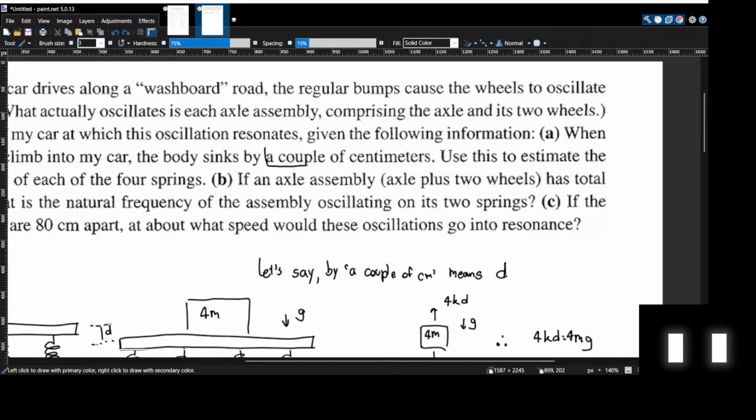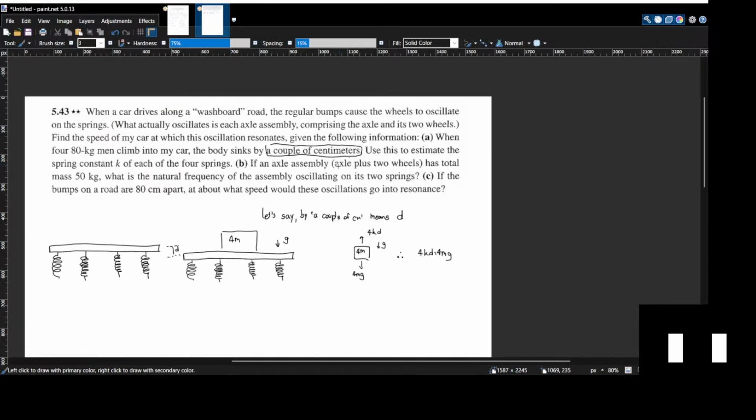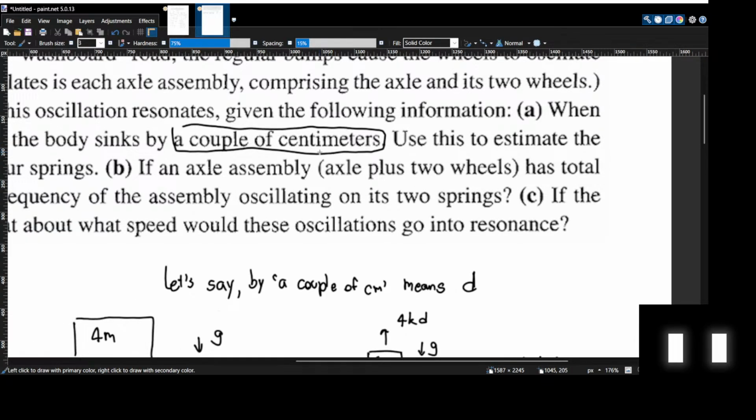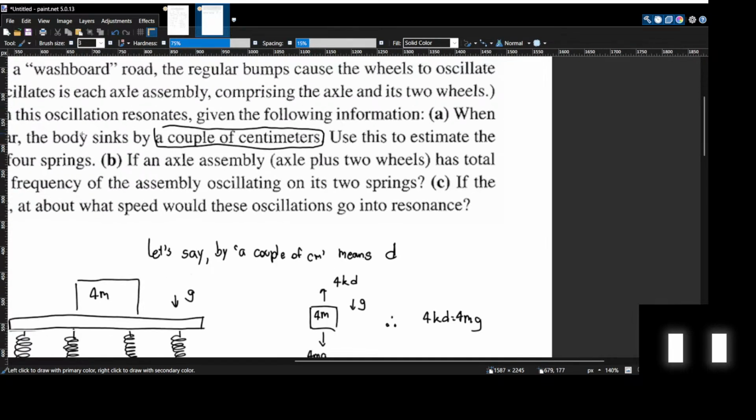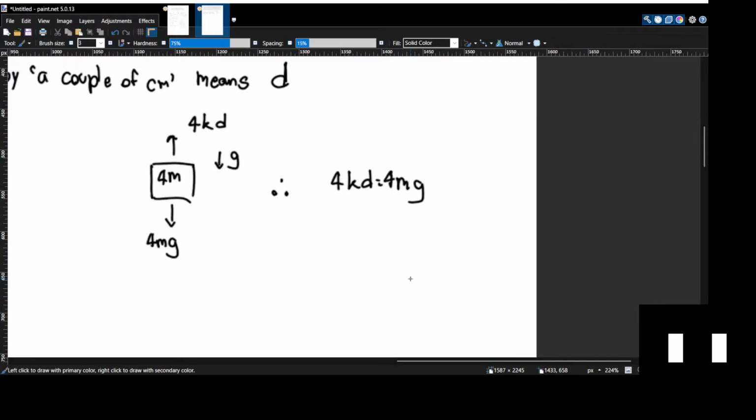We're going to assume that a couple of centimeters means like 2 to 3 centimeters, but we're not going to plug in the numbers yet. We're going to do this symbolically first. But anyway, we can figure out the spring constant, which is going to be equal to mg over d.